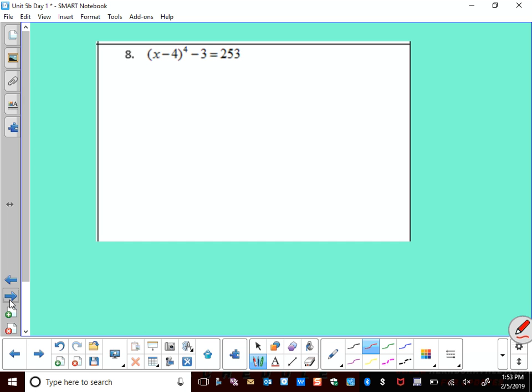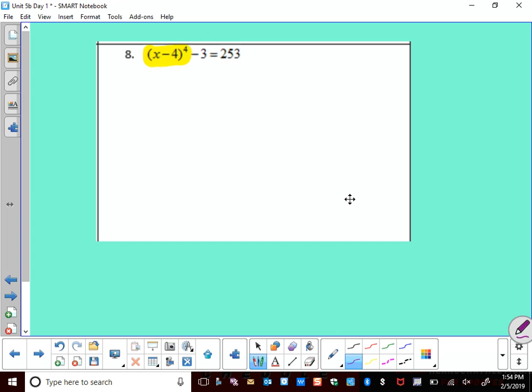Alright, number 8. I have in parentheses x minus 4, to the power of 4, minus 3 equals 253. What we have to realize here is that we don't distribute, because we're trying to solve it easier. Distributing will make it longer. Imagine this parentheses is our whole x.